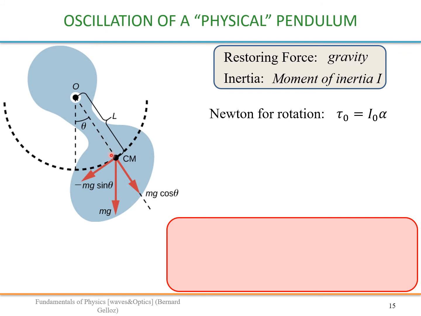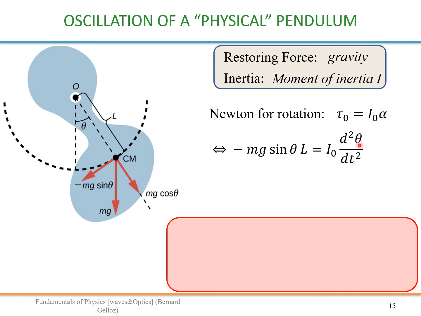This is L, so it would be just this times L. So minus mg sine theta, multiplied by L. We put a minus; this depends on your selection of convention for rotation. Usually clockwise motion is taken negative for the torques. Okay, this will decide the sign of your angular acceleration.